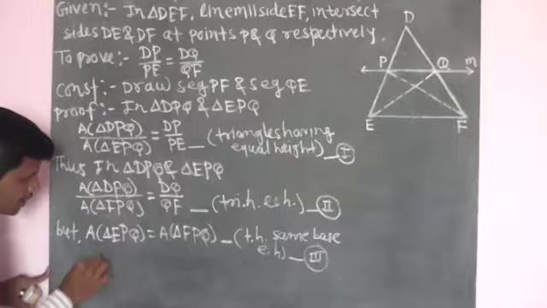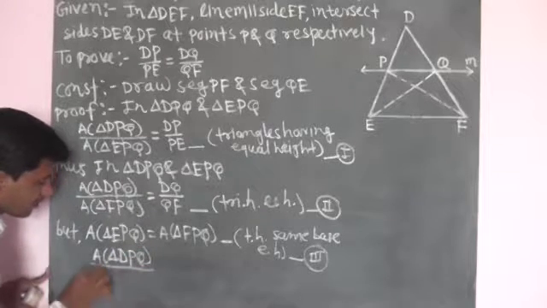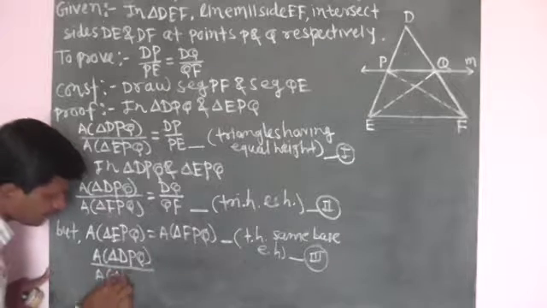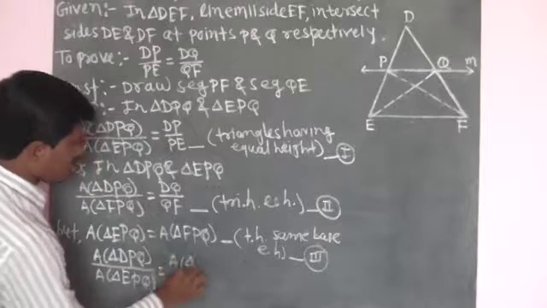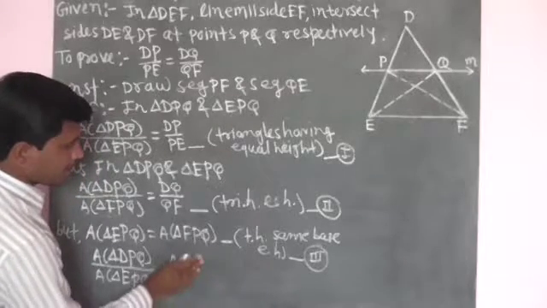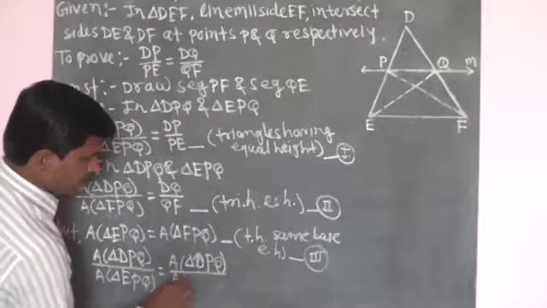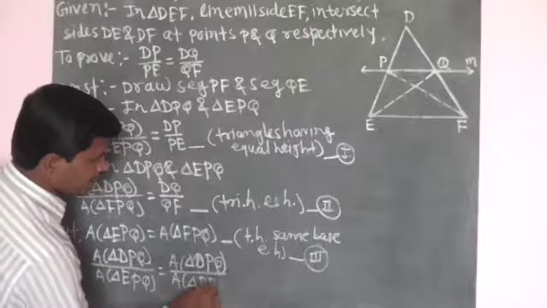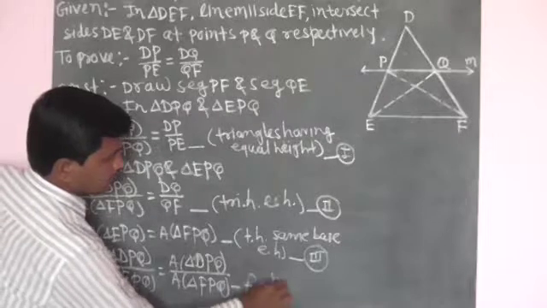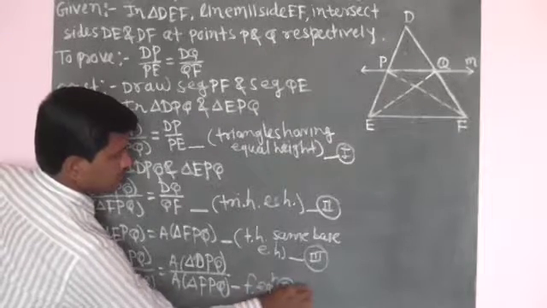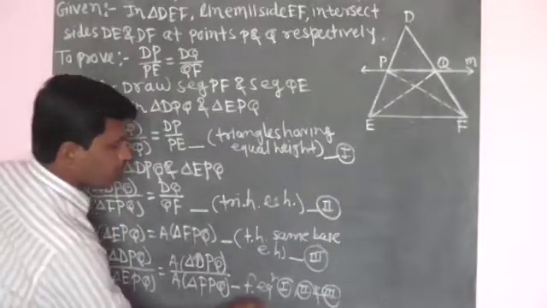Therefore, area of triangle DPQ divided by area of triangle EPQ is equal to area of triangle DPQ divided by area of triangle FPQ. Equation number 4.